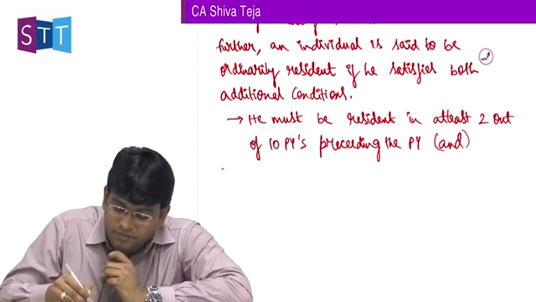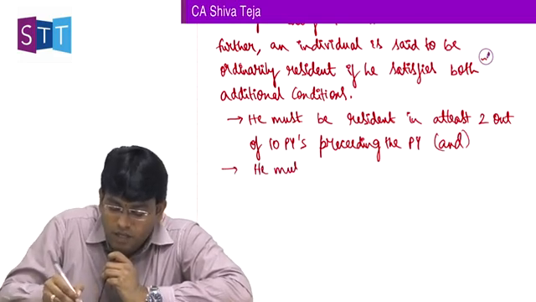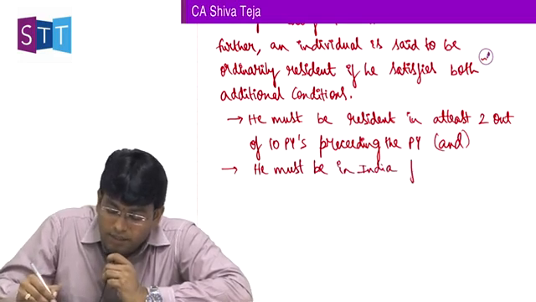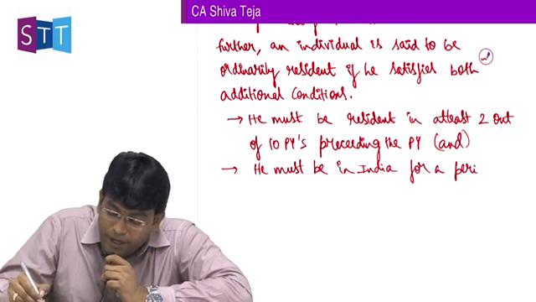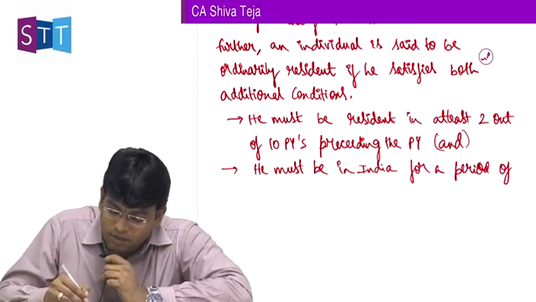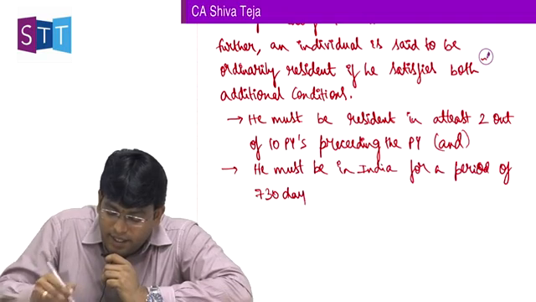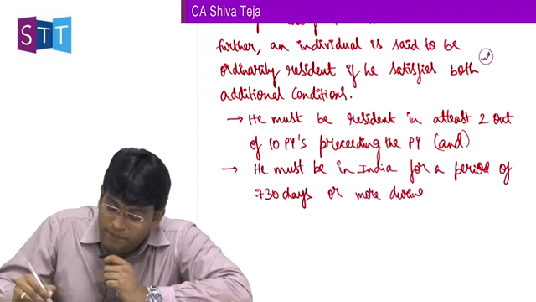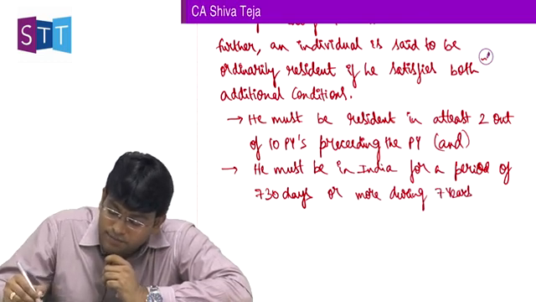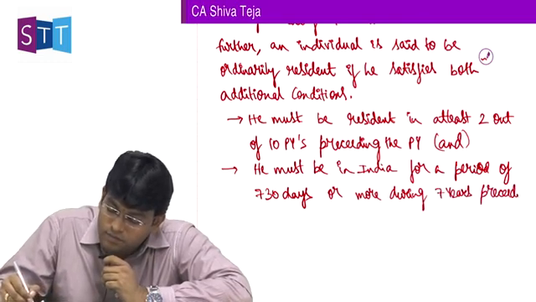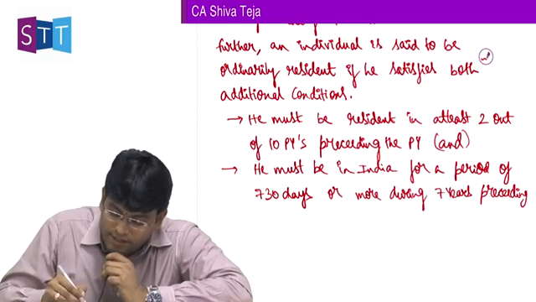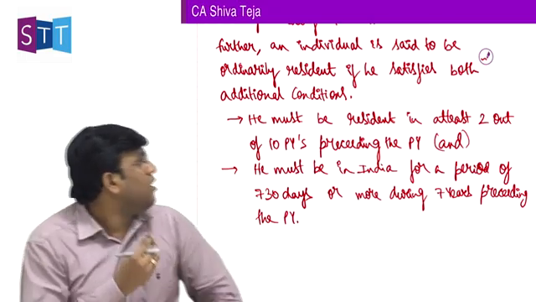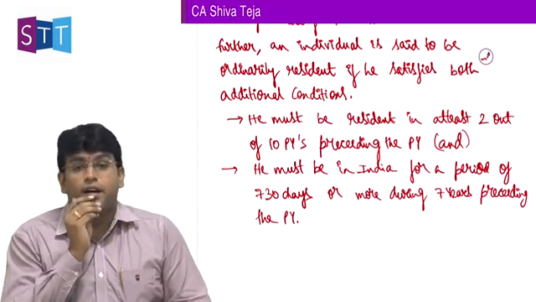And what is the second one, sir? Second one, he must be in India for a period of 730 days or more during 7 years preceding the previous year.